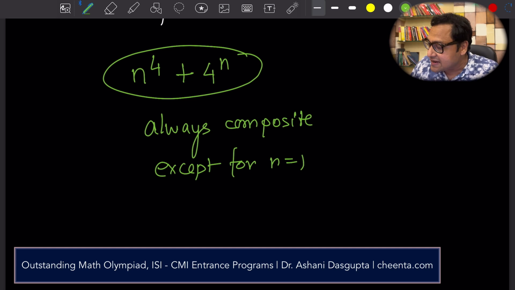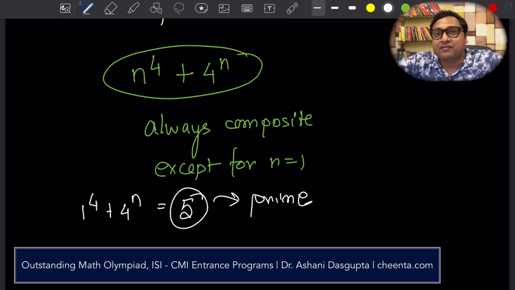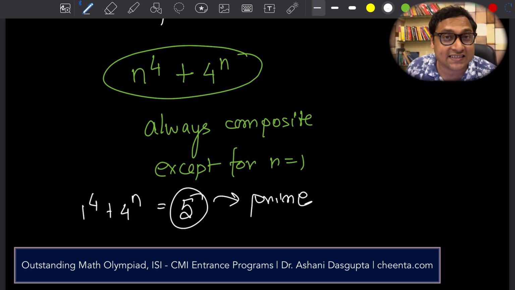So if I plug in n equals 1, I will have 1 to the power 4 plus 4 to the power 1. This is 5. This is a prime number. But anything above that, if you plug in n equals 2, n equals 3, n equals 4, it will not be a prime number anymore. It will always be a composite number.